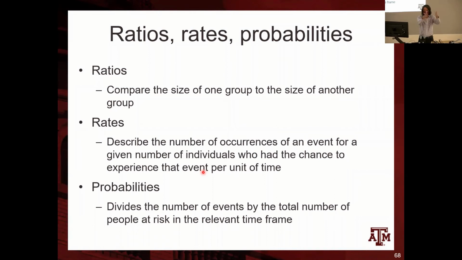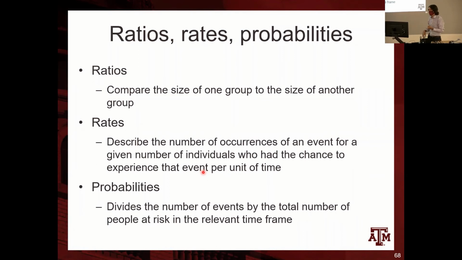If I classify a population, let's say by men and women in a specific year, the group of men in that specific year cannot become women and vice versa. So I'm comparing two different groups. I'm comparing the differences in sizes. With rates, I'm taking information for a specific time point, a specific population, and I'm seeing what's the chance of people in the denominator experiencing the event measured in the numerator.